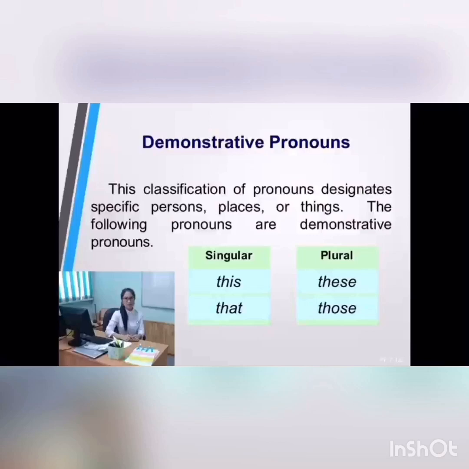This classification of pronouns designates specific persons, places, or things. The following pronouns are demonstrative pronouns. Singular: this, that. Plural: these, those.